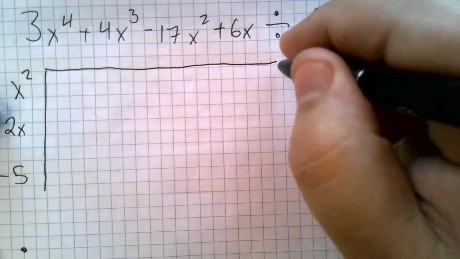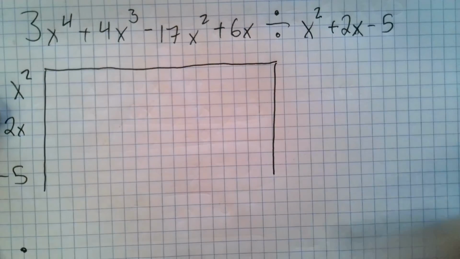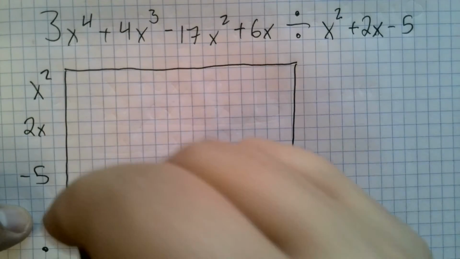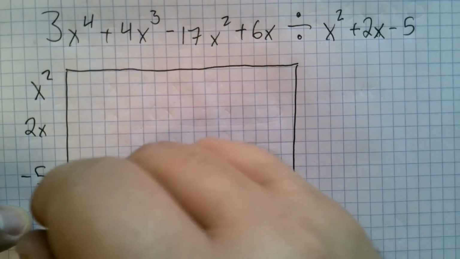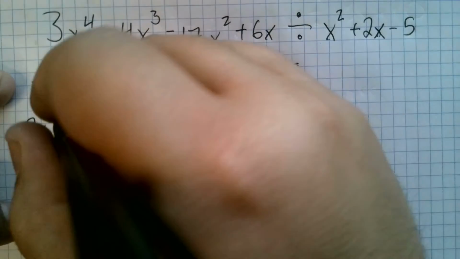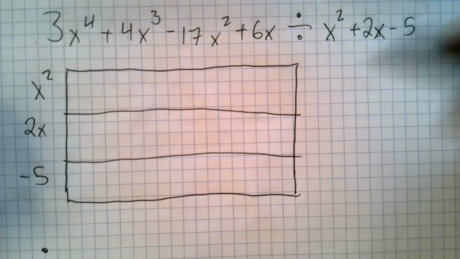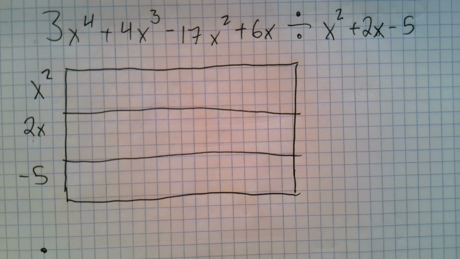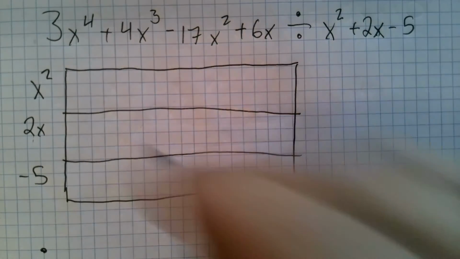I don't know how long I need to make it, or how big a frame I have for this video, so I'm just making a box of appropriate size, 3 rows for the divisor, and if I had to guess, 5 columns, but we'll get there.